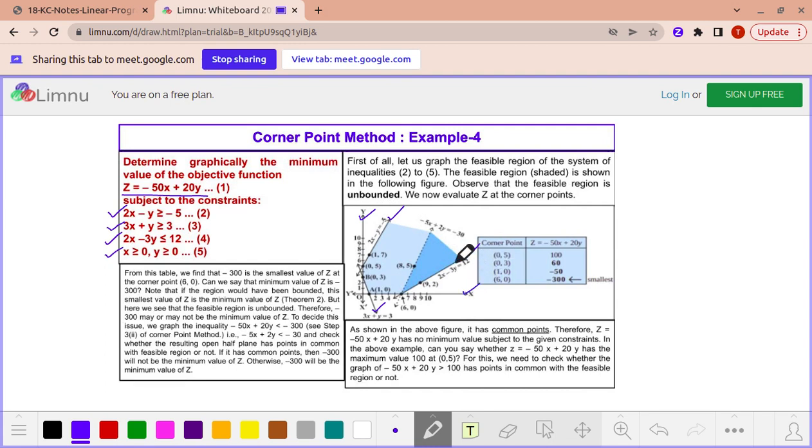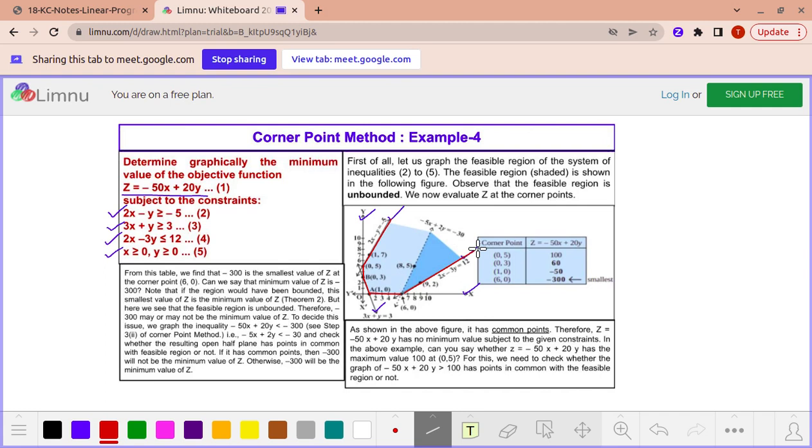Now if we find, we will see that the feasible region is something like this. That is the feasible region, and here the feasible region is unbounded, it is not bounded.